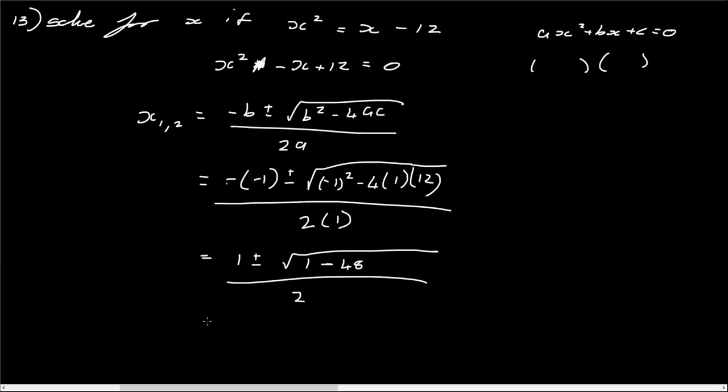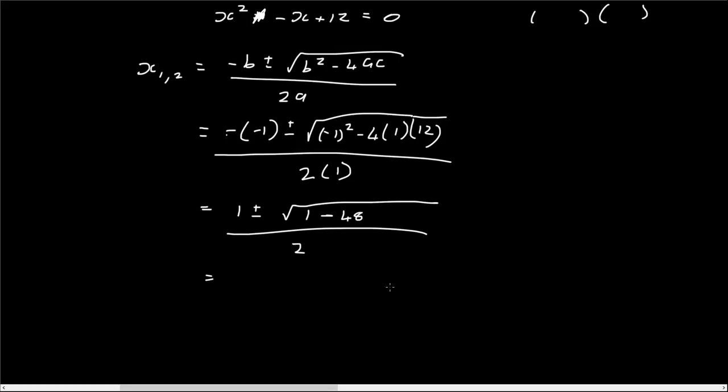Okay? And now we're going to pop this into our calculator. You should really get a calculator that can do complex numbers like mine. It will make your life a lot easier.